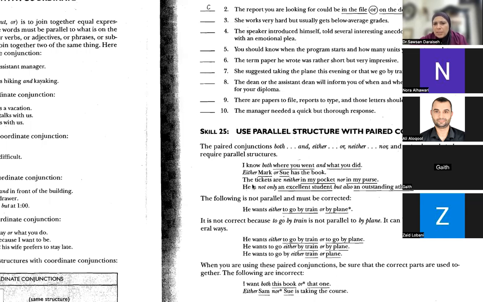The tickets. Another example on this one. An example on neither nor. The tickets are التذاكر مالهم are هي تذاكر مالها are what? Neither in my pocket nor in my purse. The tickets are لأنه بعد are ترى ممكن نستخدم صفة اسم prepositional phrase, right? هم مستخدمين prepositional phrase ولكن twice.